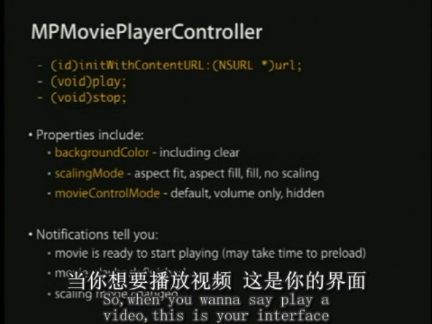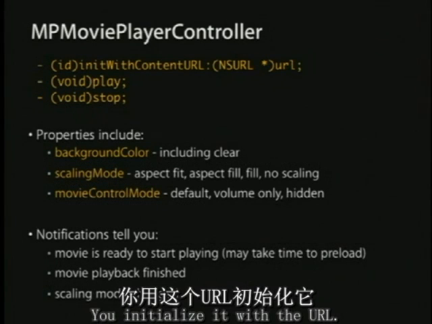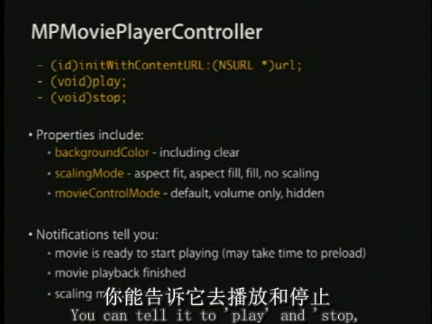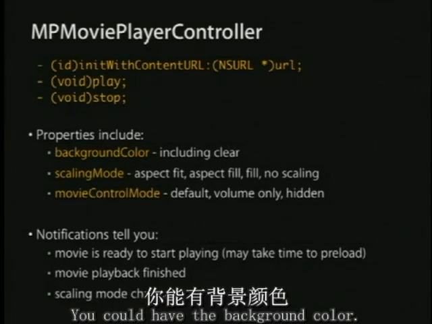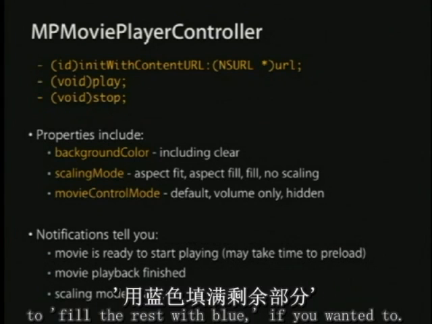Here's your controller. When you want to play a video, this is your interface for it: MPMoviePlayerController. You initialize it with a URL. You can tell it to play and stop, and you have a few different properties. You can set the background color, so if your video doesn't fill the screen, you can tell it to fill the rest with blue if you wanted to.